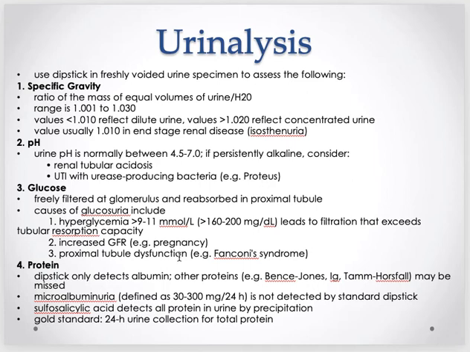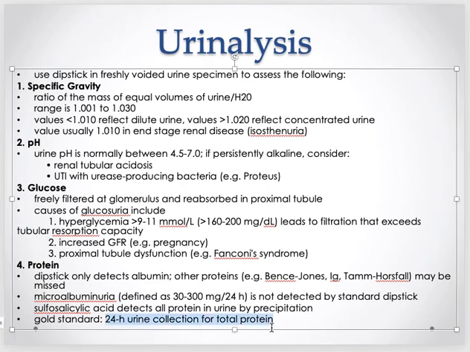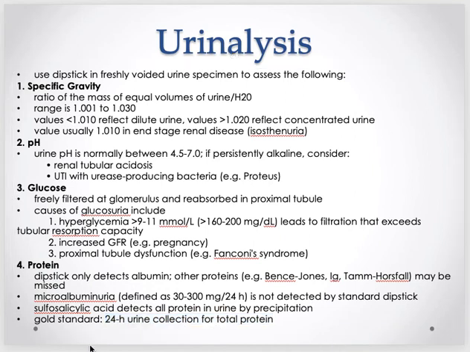And proteins: dipstick only detects albumin, and other proteins like Bence Jones proteins, immunoglobulins, or Tamm-Horsfall protein may be missed. And what is microalbuminuria? I already explained in the previous lecture, 30 to 300. Sulfosalicylic acid detects all proteins in urine by precipitation. And the gold standard is, of course, 24-hour urine collection for total protein, but it is very hard to collect a 24-hour urine.